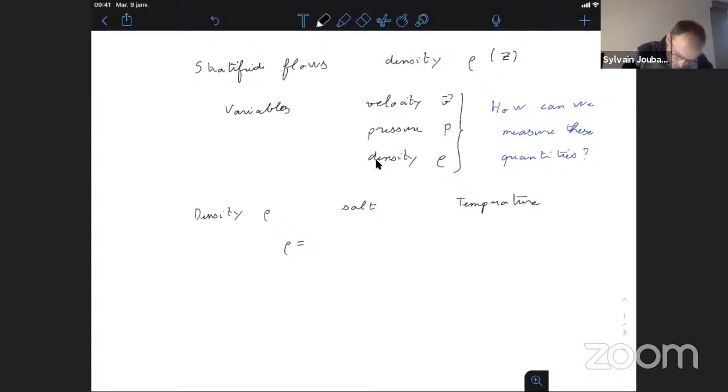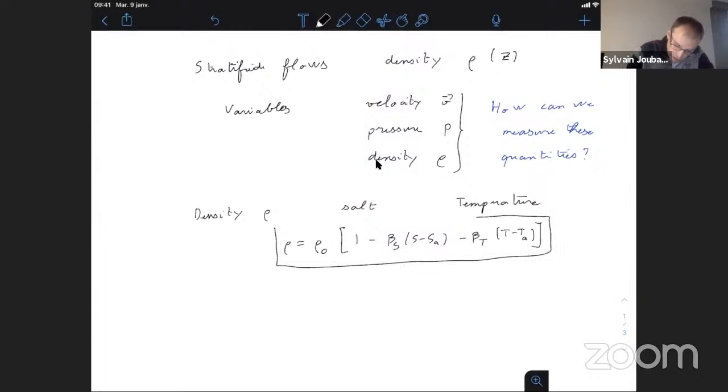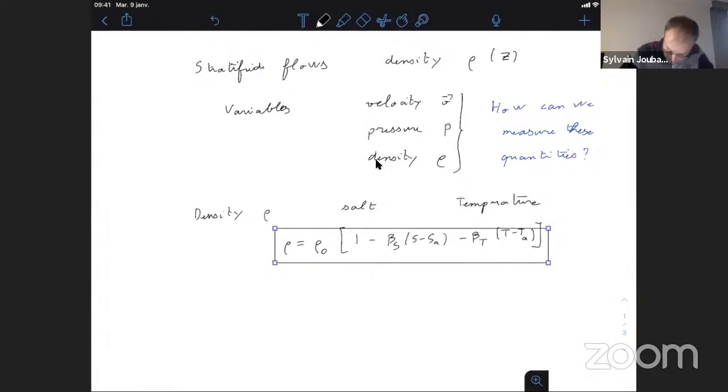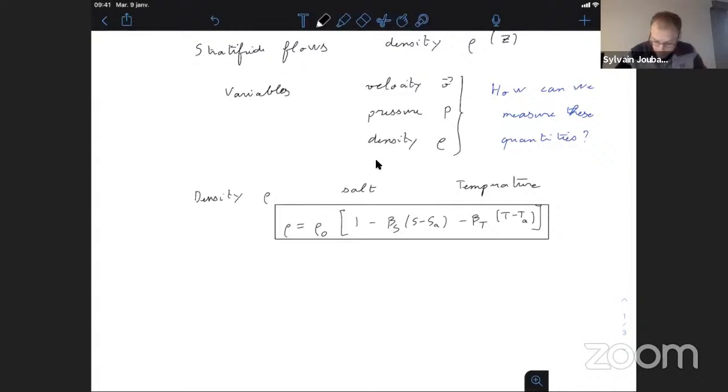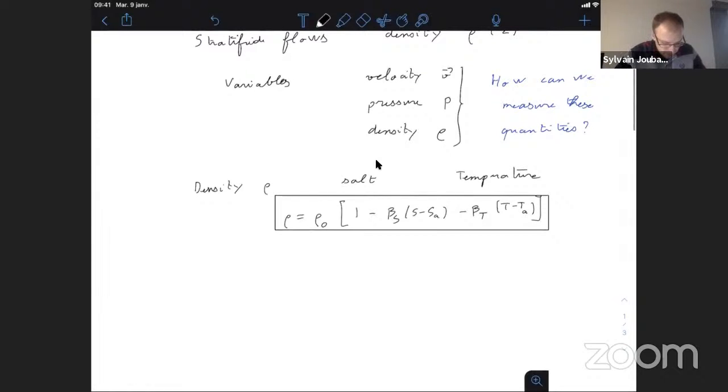Basically you have an equation at first order, which is ρ = ρ0 (1 − β_S (S − S_A) − β_T (T − T_A)). S_A and T_A are reference quantities, and you have a dependence of the density on salinity and temperature. And that's what will be used in experiments.